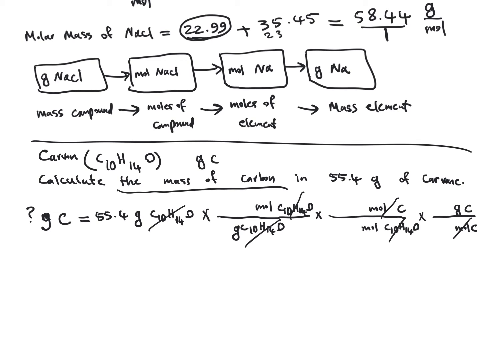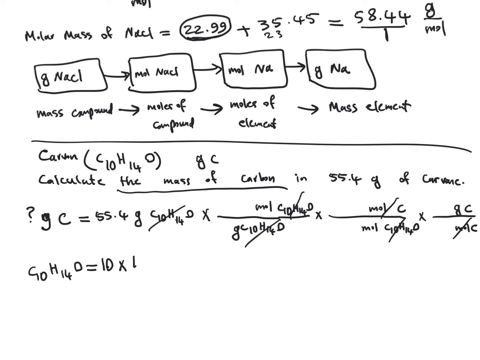And then you write each of the conversion factors. So for the molar mass of C10H14O, it's kind of your formula map. You go to your periodic table, you see that C is 12.01. And how many carbon do I have? 10, exactly.